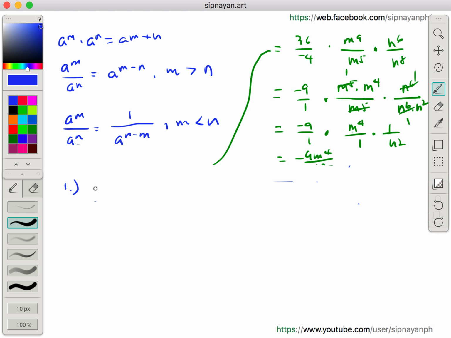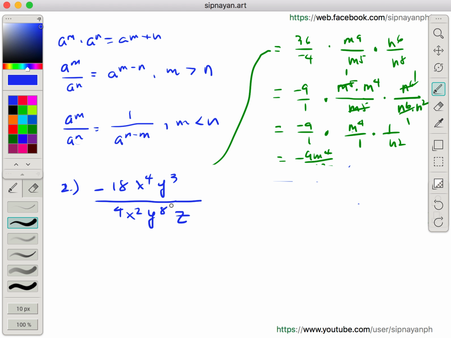Let's have number 2: negative 18 x to the 4th y cubed divided by 4x squared y to the 8th z. Ang kakaiba sa example na to kasi meron tayong variable na walang kapare.